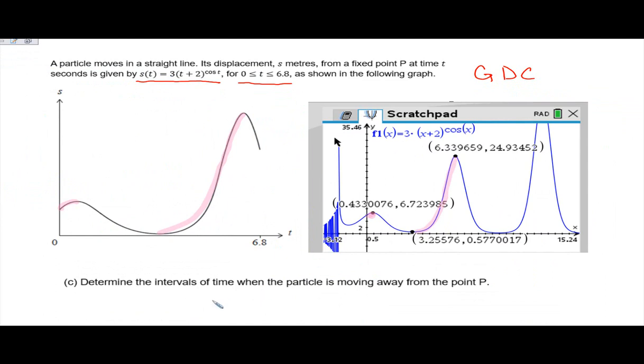So the intervals of time where that's happening are from t equals 0 to 0.433, and from 3.2557 to 6.3396. These are the intervals of time when the particle is moving away from the point P. All right, let's take a look at the next part.